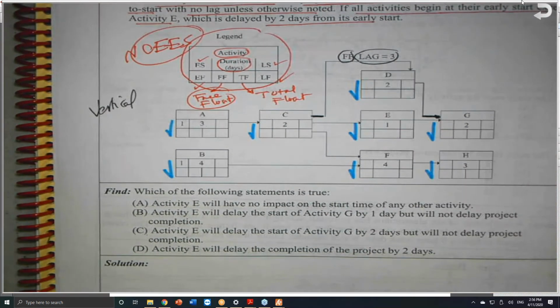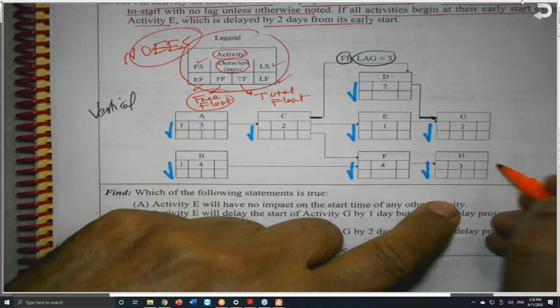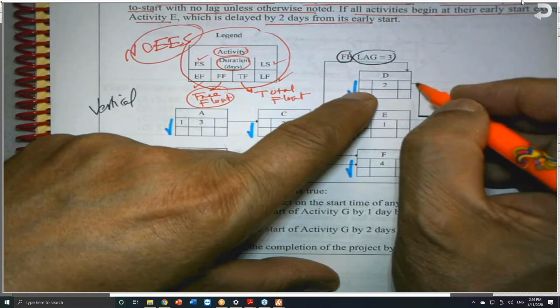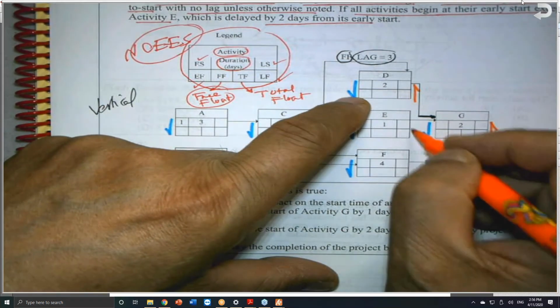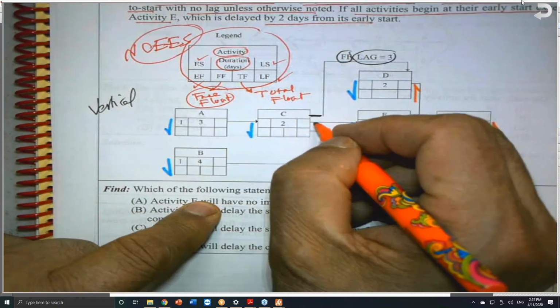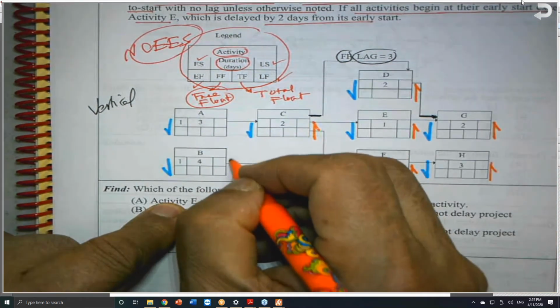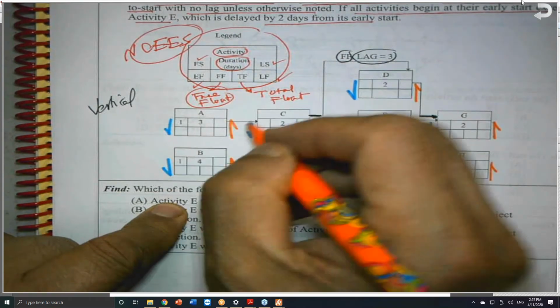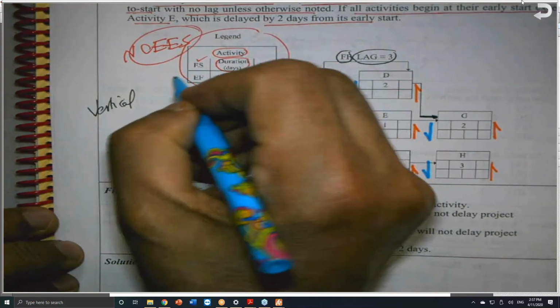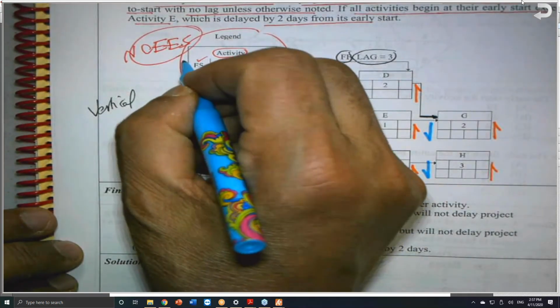Let me use a different color for the backward. A backward is like this. And here it is, a backward like this, and the forward is early start, early finish. Here it is.